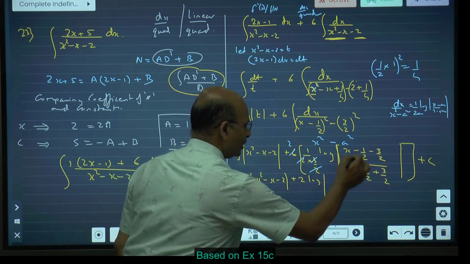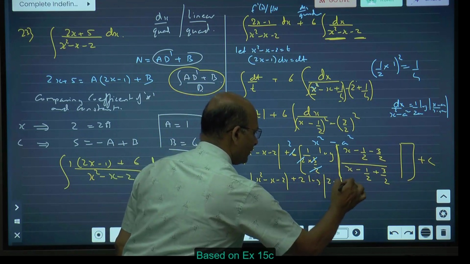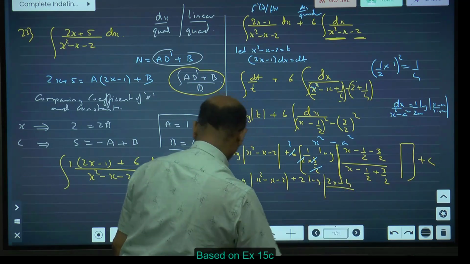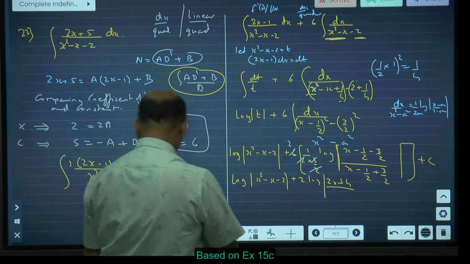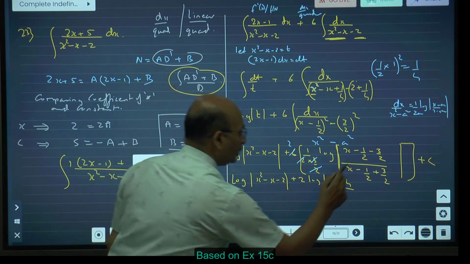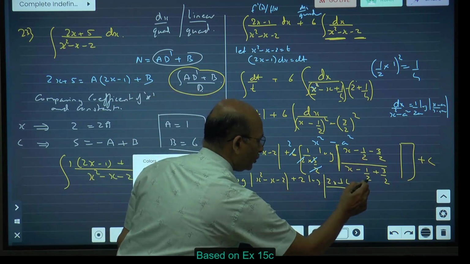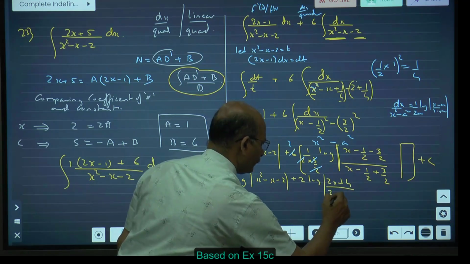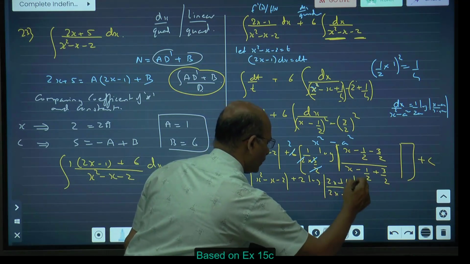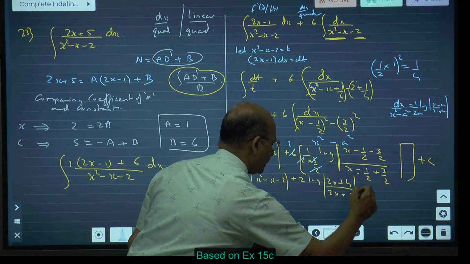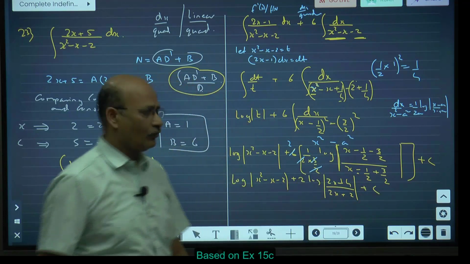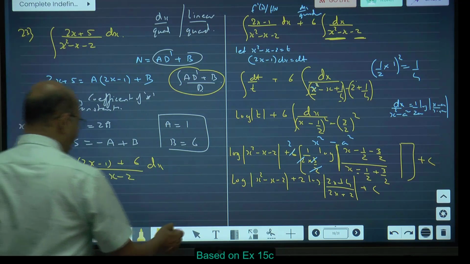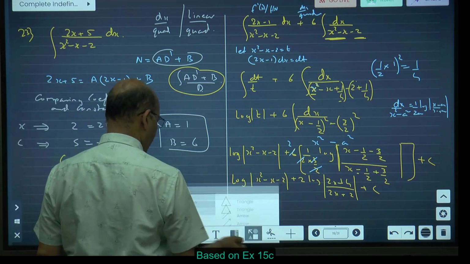Minus 2 plus 2 times log of, now see what happens here, this will become (2x minus 4) upon (2x plus 2) plus c. You can take 2 common here and cancel that 2. You can simplify that further, I have no objection.